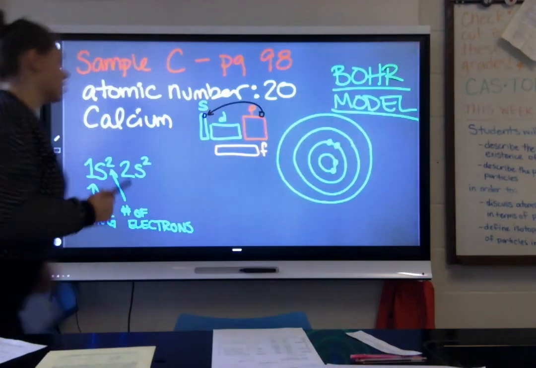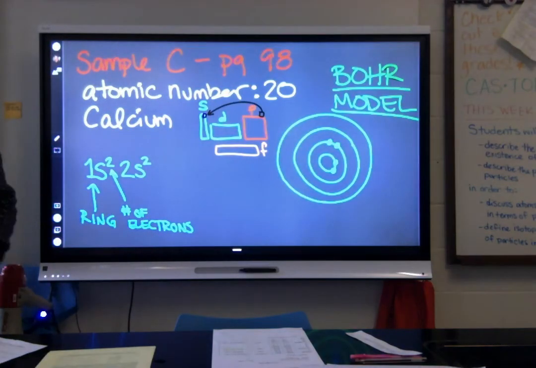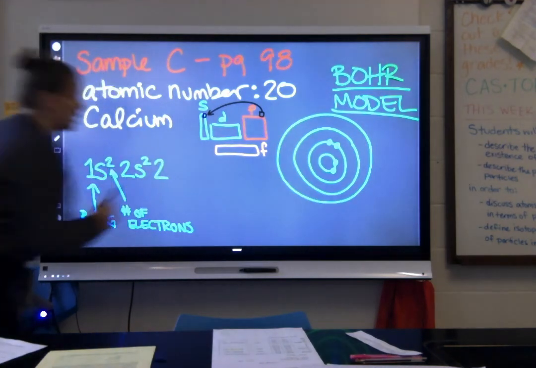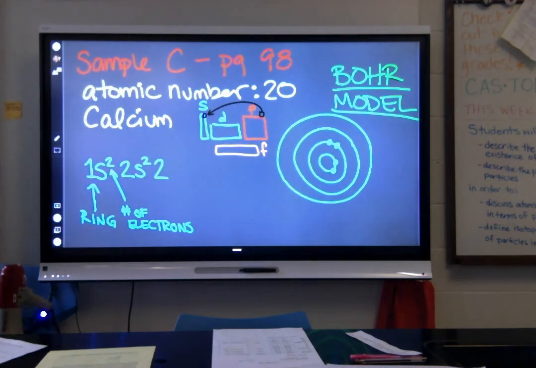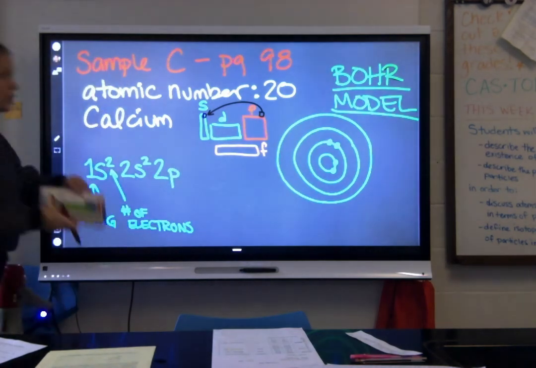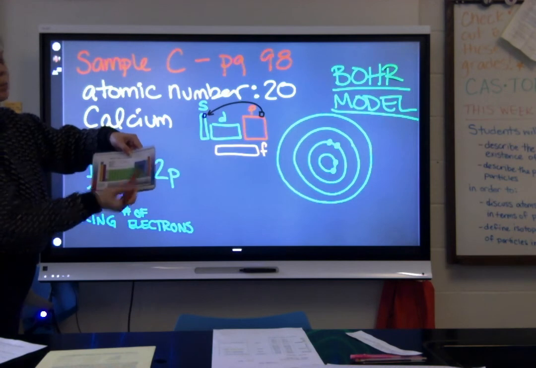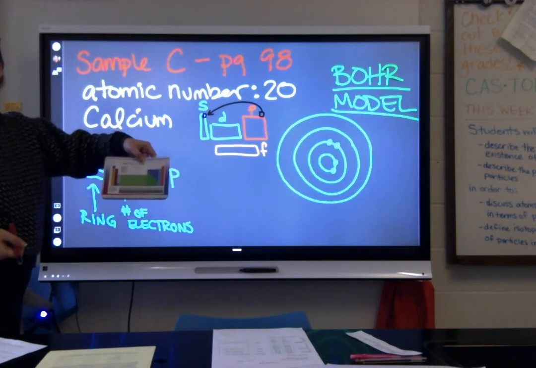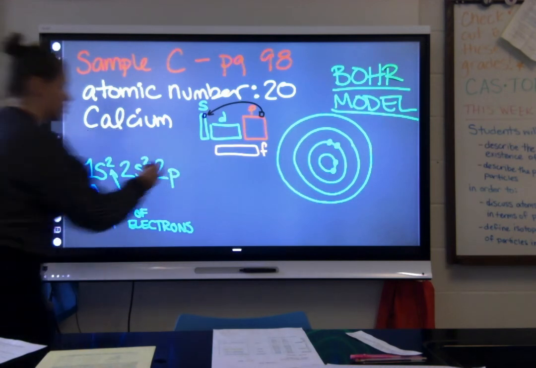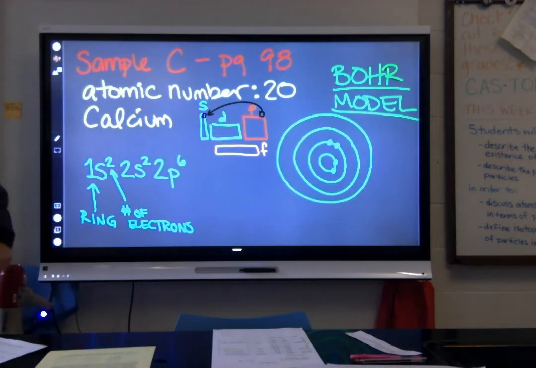Very good. So, we're in what period? Second period. Good. Big 2. What block? P. And since we're not at our friend Calcium's house yet, how many columns are there in the P block? 6. So we do a superscript 6.